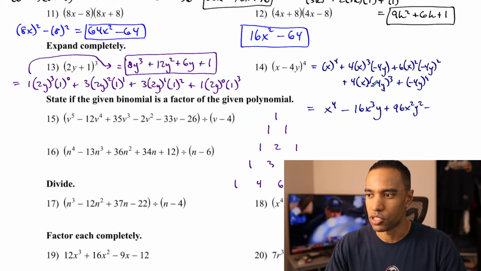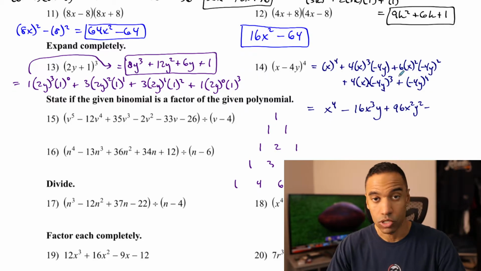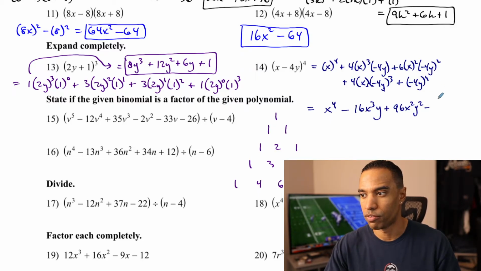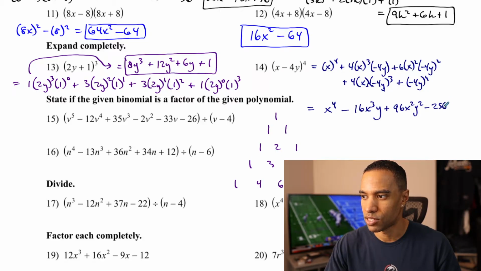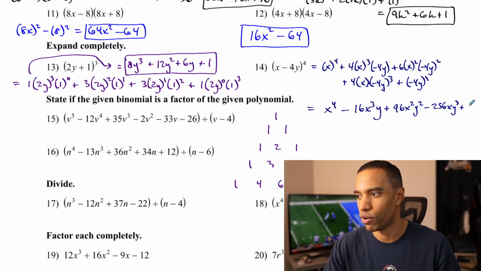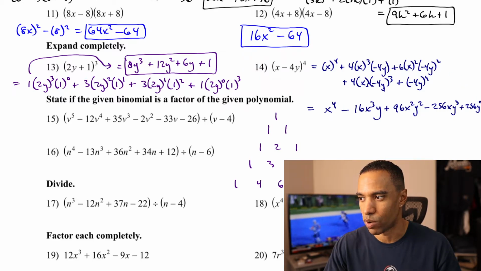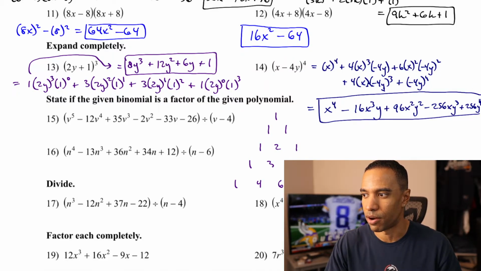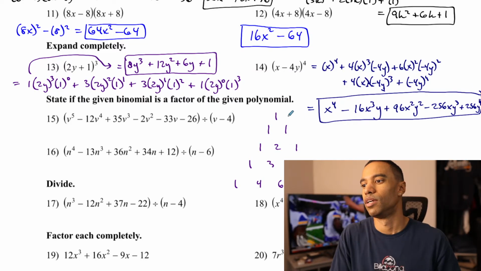And then minus, all the signs will alternate here when this negative is raised to an odd power versus an even power. 4 cubed is 64, times 4 is 256. So 256, that's xy cubed. And then plus 4 to the 4th, again, is 256. And that's y to the 4th. X to the 0, y to the 4th right there. And there is our expansion.